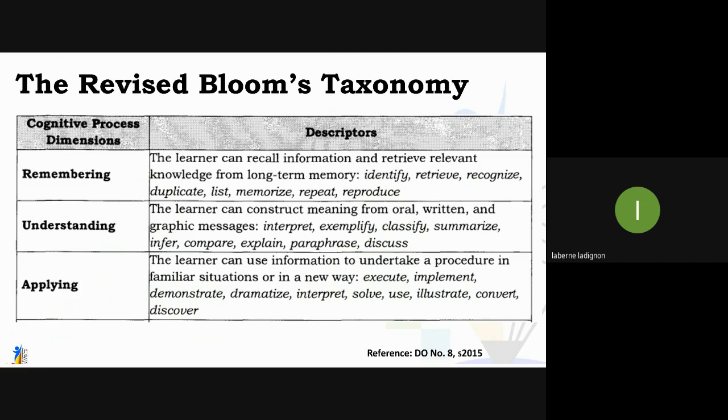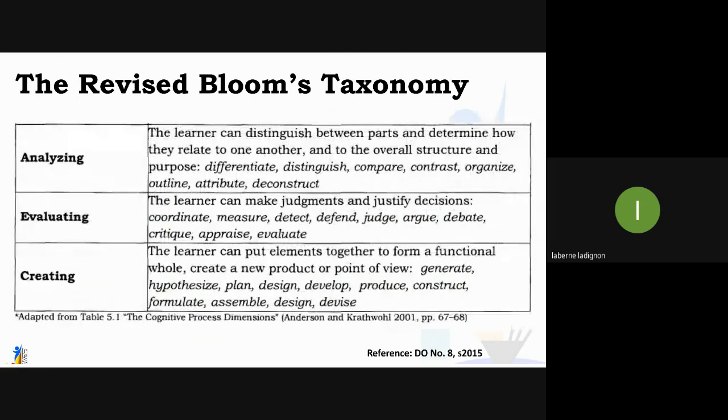assessment. Then the fourth level under the revised Bloom's taxonomy is analyzing. In this level, our learners can distinguish between parts and determine how they relate to one another and to the overall structure and purpose.